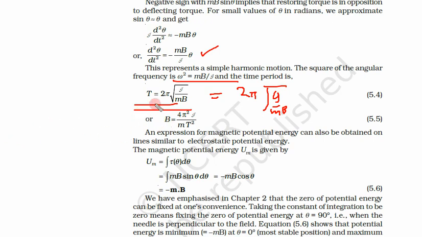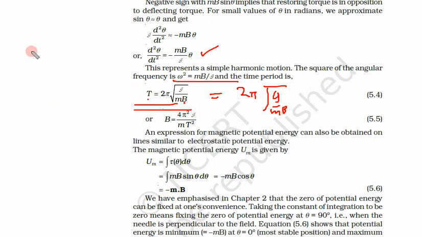If we solve this, you can see that B is in the denominator. So if the magnetic field is large, T will be small, so the magnetic needle will oscillate much faster. If the magnetic field is small, it will oscillate much more slowly, because there is an inverse relation.